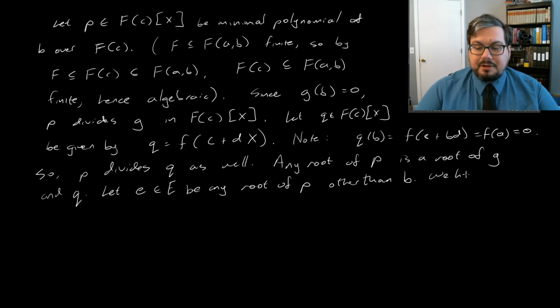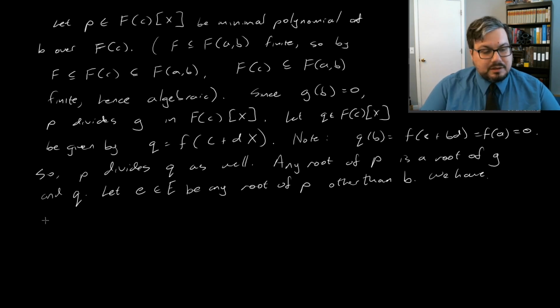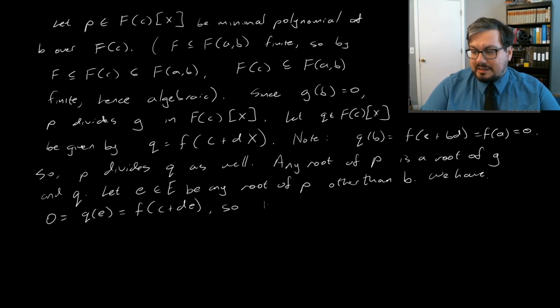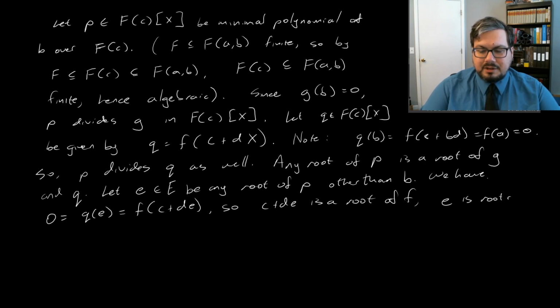We have then that e will be a root of q, so we have that 0 is equal to q of e, which is f of c plus de. So that means that c plus de is a root of f, and e is a root of g.